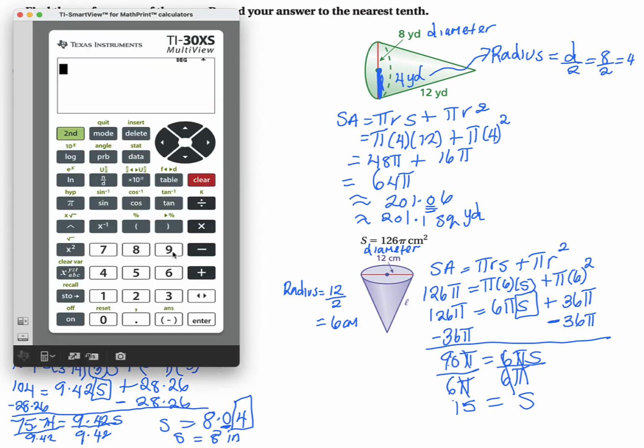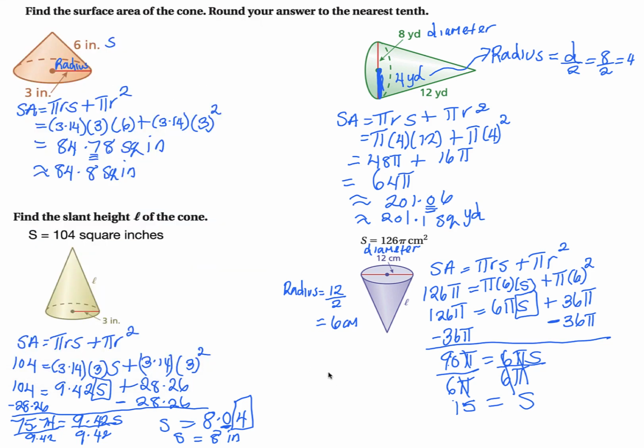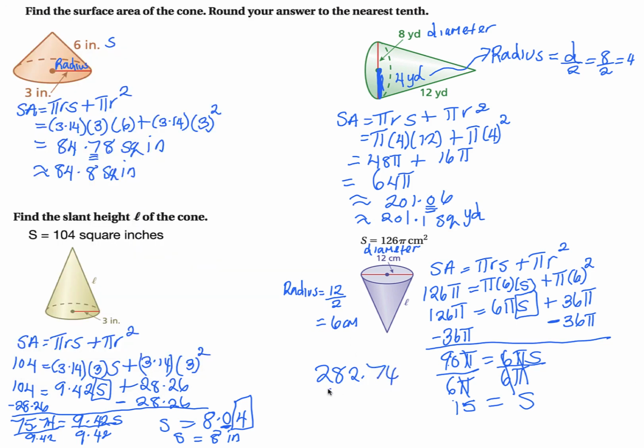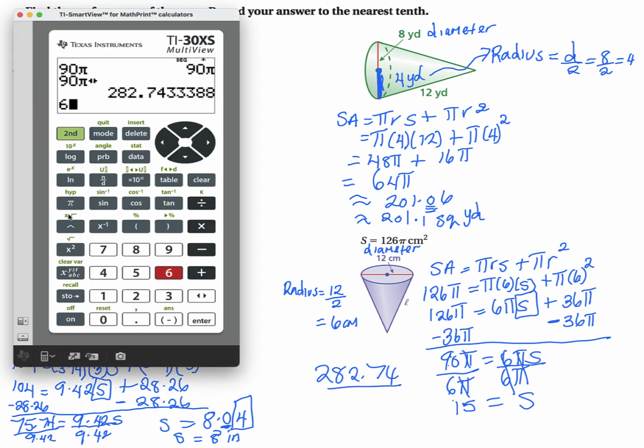So another thing you can do is go 90 pi, hit equals, change it to a value. So you have 282.74 divided by 6 pi. And also change that. That would be 18.85.